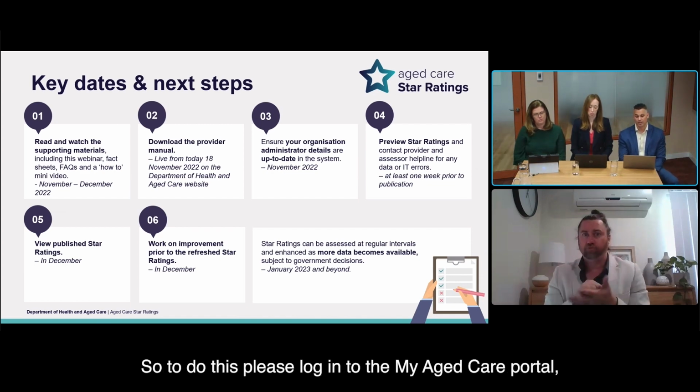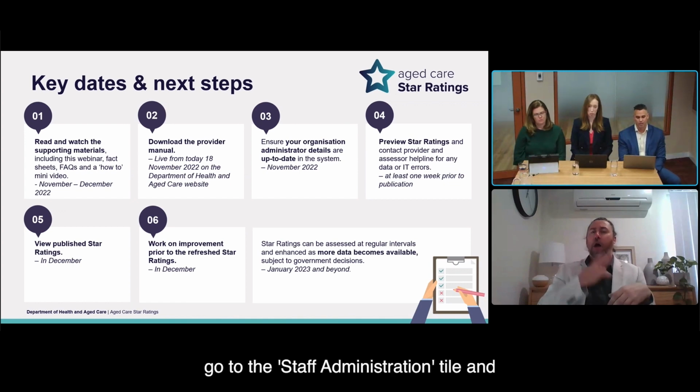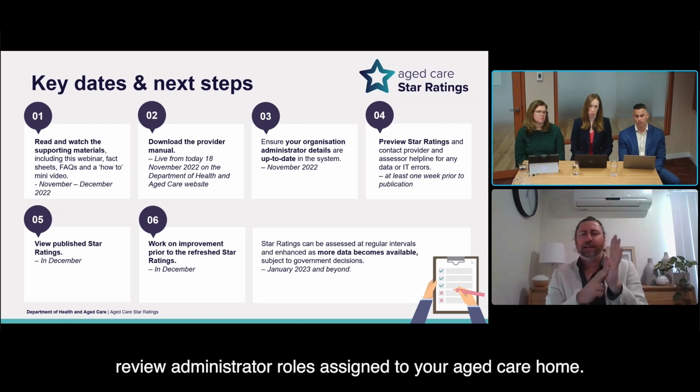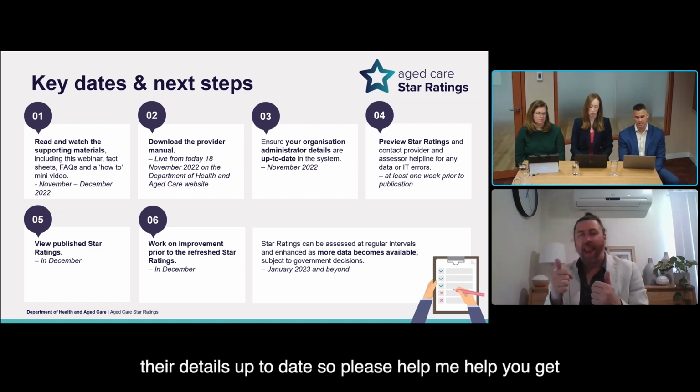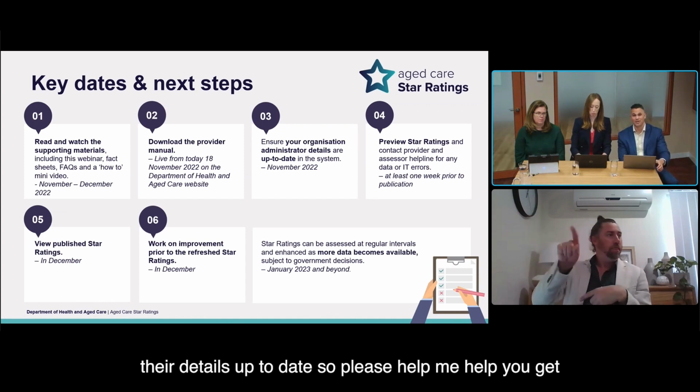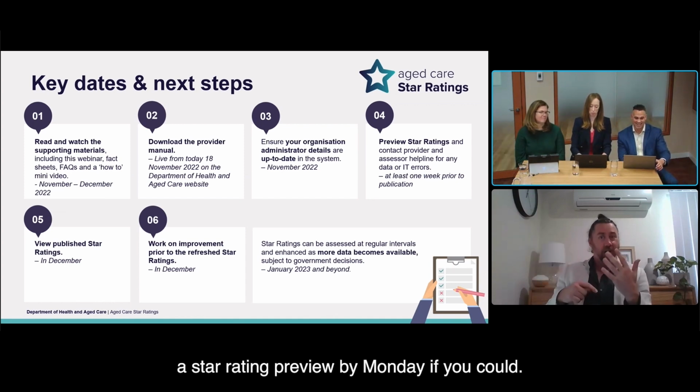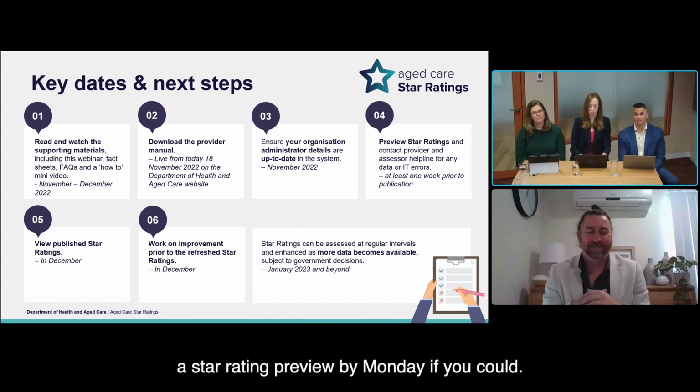So to do this, please log into the My Aged Care portal, go to the staff administration tile, and review administrator roles assigned to your aged care home. There are some of you out there who haven't got the details up to date. So please help me help you get a star rating preview by Monday, if you could.